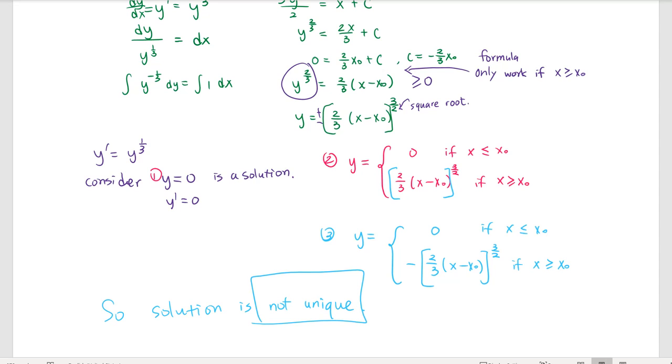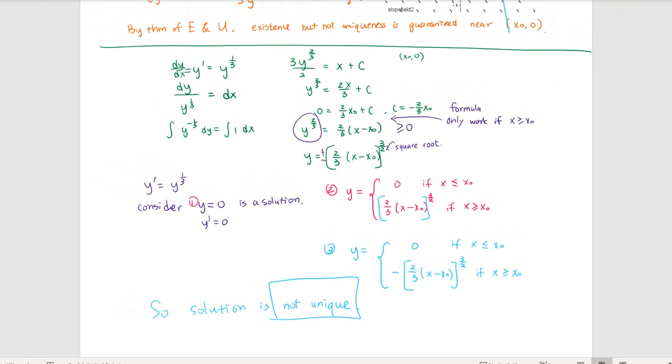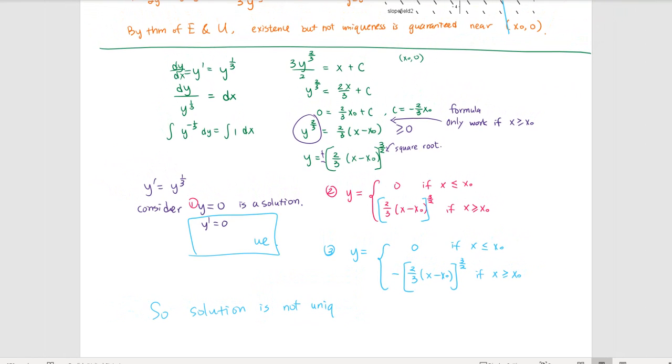And actually not unique because we solve the differential equations and we also combine the picture and we can figure this out. But the theorem of existence and uniqueness doesn't tell us the solution is not unique. It just tells us we don't guarantee the solution is unique. But we actually need to solve the differential equation and look at the picture and then come up with these 3 equations.